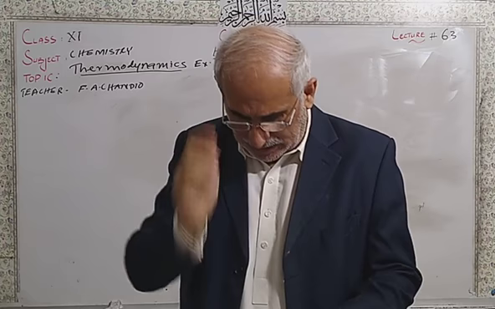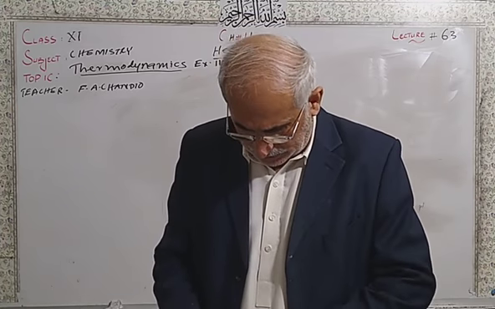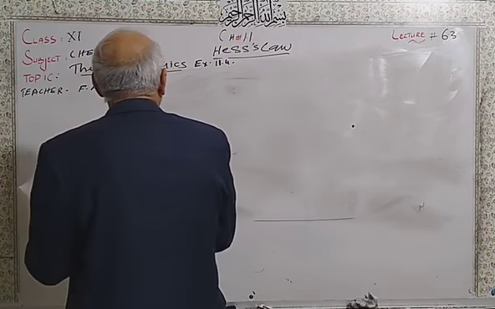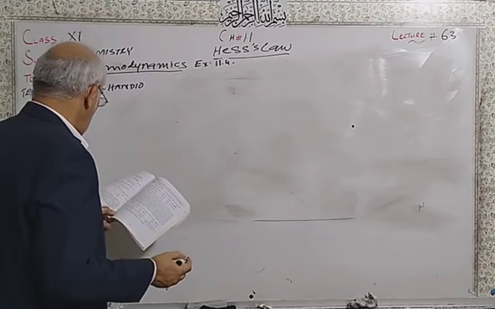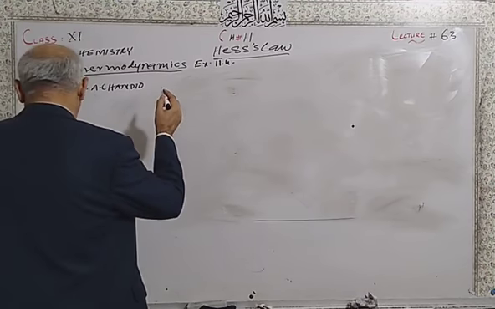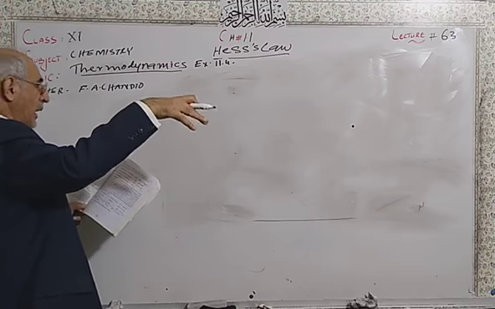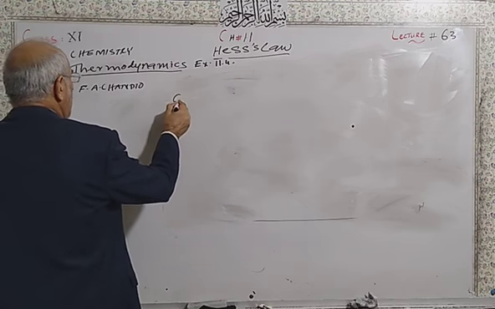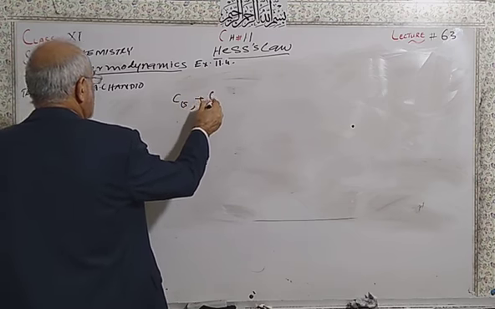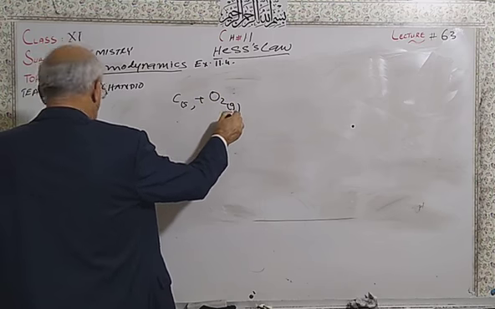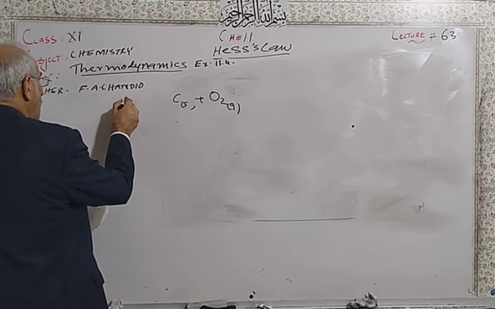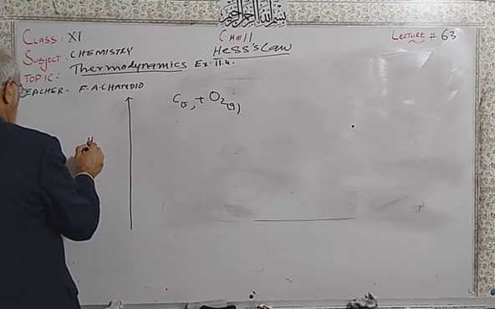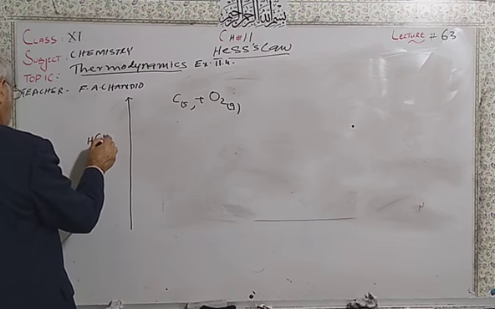Now, if you see the energy cycle for this chemical reaction, example number 11.4, you can see that the first step is exothermic, which is the delta H. So, carbon solid plus oxygen gas. This is the enthalpy change in kilojoules.